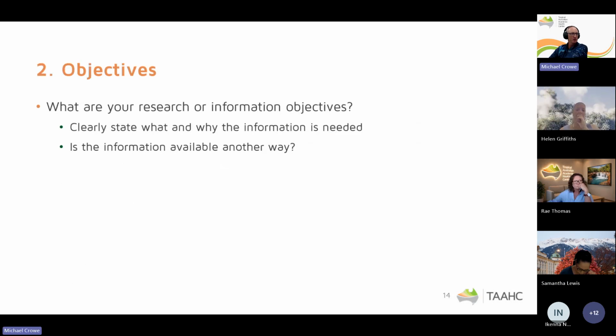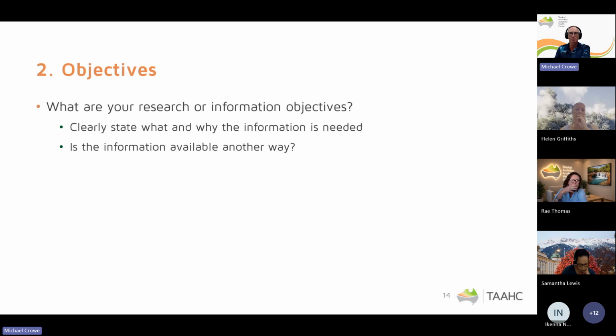Okay, so moving on to objectives then. What are your research or information objectives? Why are you doing this? You need to have a clear set of reasons why the information you're asking for is needed. And one of the things to ask yourself as well is, is this information available anywhere else?